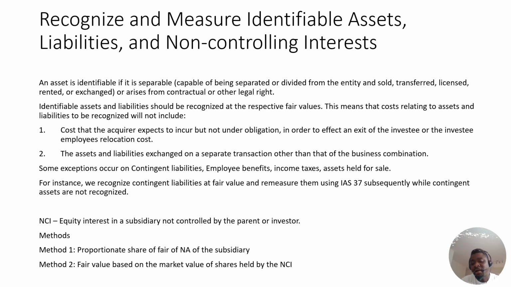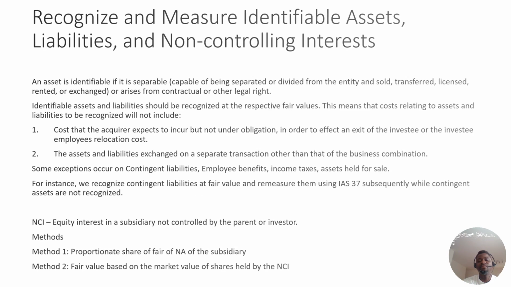That is a full approach, by looking at the entity as a whole and taking the fair value of the non-controlling interest at that point in time. But if you want to have in-depth understanding of how non-controlling interest is calculated, I think you need to go and watch my video on IFRS 10 consolidated financial statements.